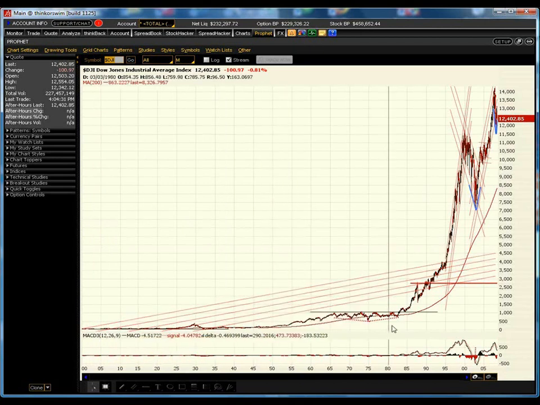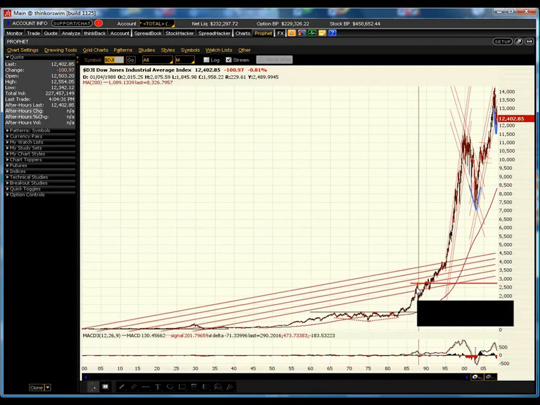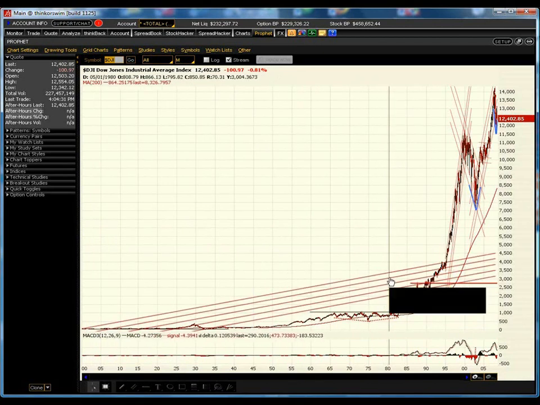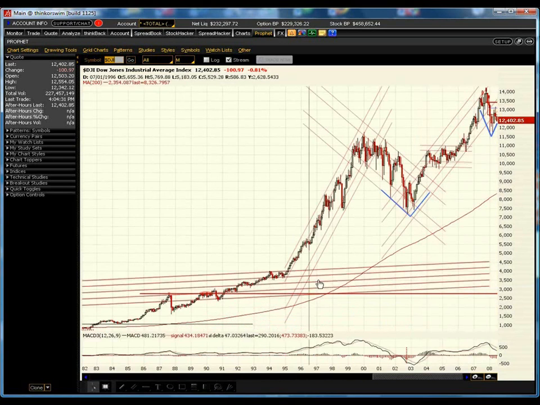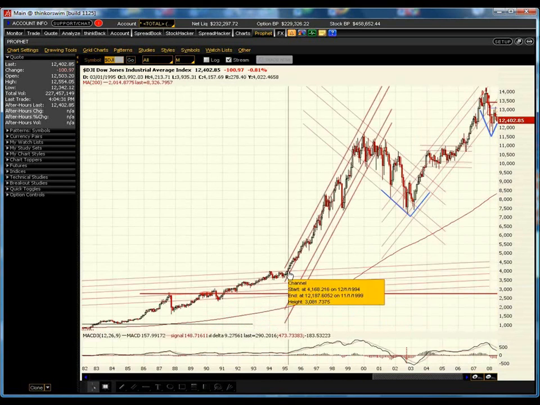This channel and this resistance point here during the 70s was a resistance point that was significant in its breakthrough. This channel goes all the way back to 1900, and we broke through it right here. That was in 1995. And look what happened.